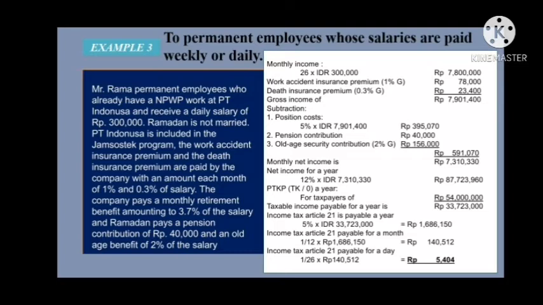The company pays a monthly retirement benefit amounting to 3.7% of the salary, and Ramadan pays a pension contribution of 40,000 rupiah and an old age benefit of 2% of the salary.